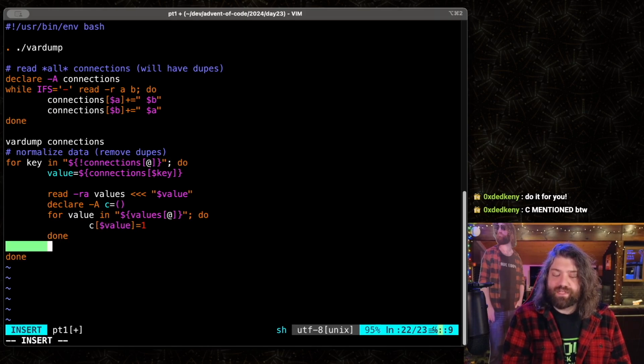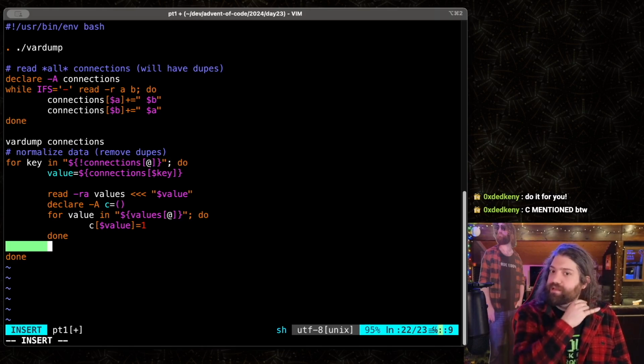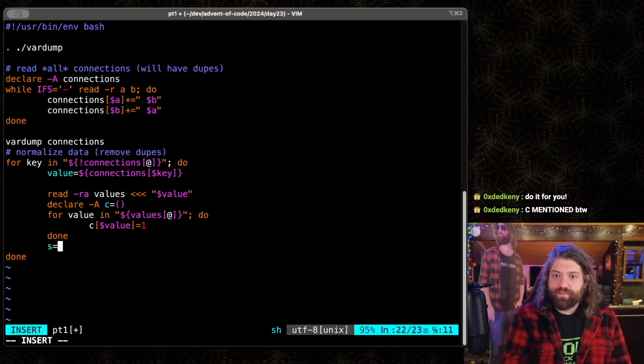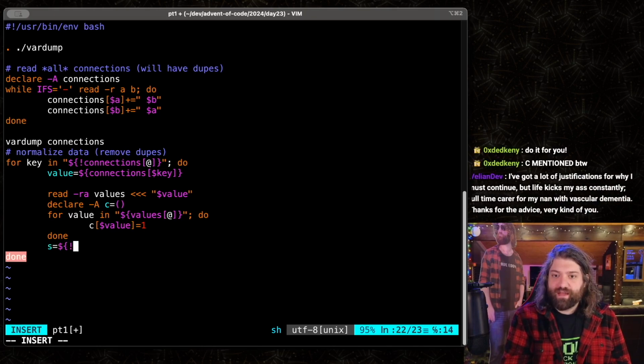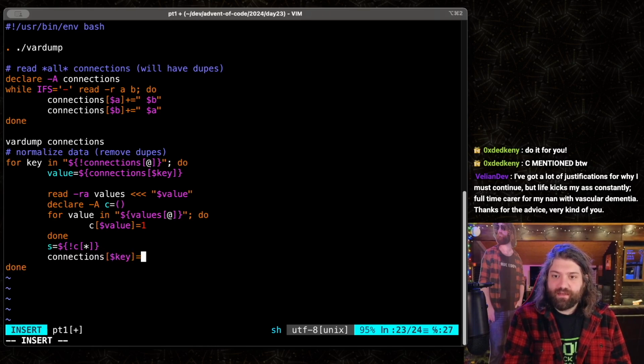Now we need to make a string of it. We need to just stringify the keys of C. There we go. And then we're going to write that back into connections. So connections at key equals a space and then $S.